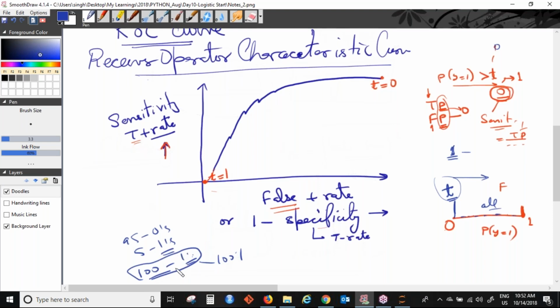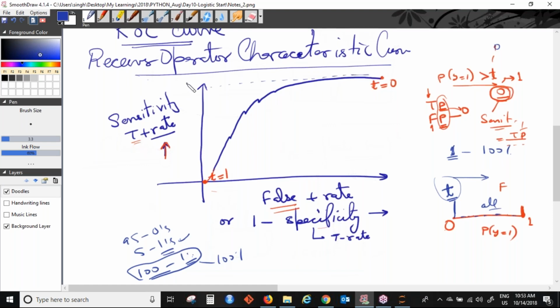So this is what sensitivity measures, right? It measures what proportion of actual ones have you caught. And since you are saying everybody is 1, obviously you will catch these 5 also. So that means it will be 100%. If your threshold is 0, your sensitivity will be 100%. So that is why you see this.